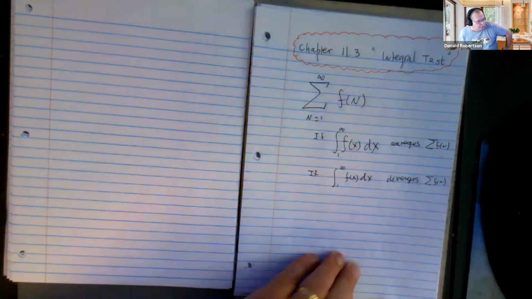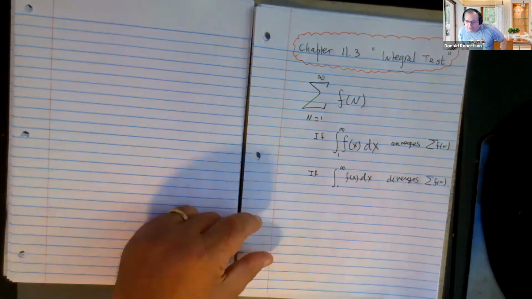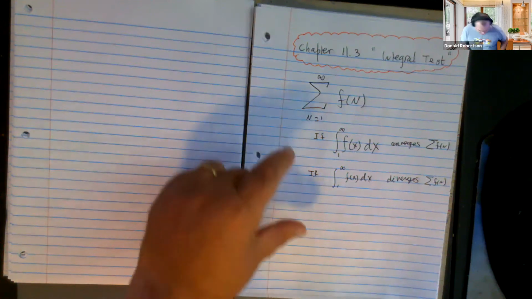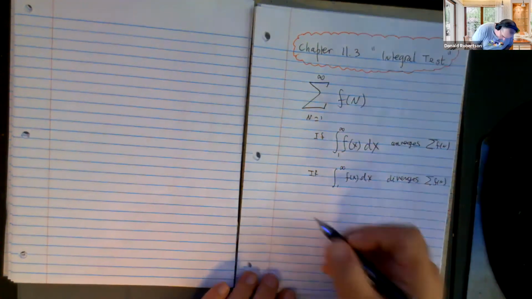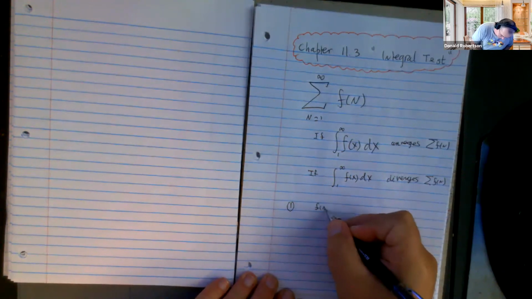Now, do as I say, not as I do. These questions have two things that have to be true before you can do it. The first thing is that the function has to be positive, right?